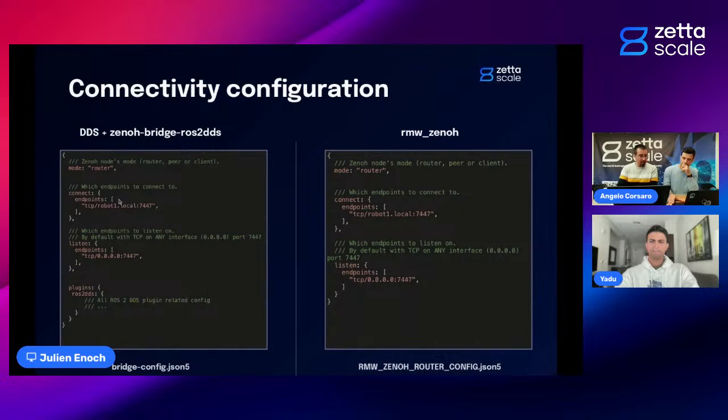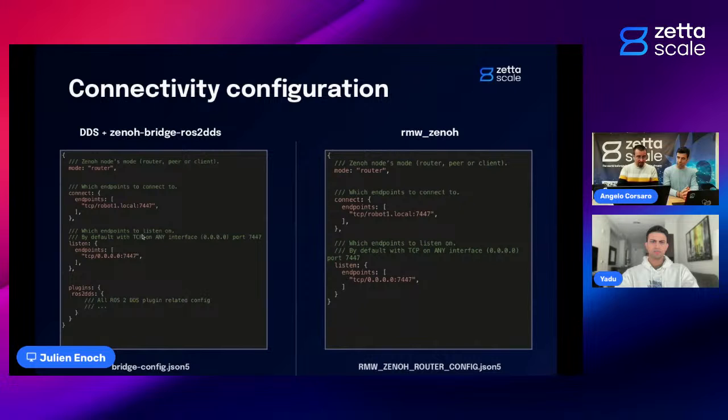You have the connect part, which is where your bridge or your Zenoh router shall establish a connection to. And you have the listen part, which is the transports on which the Zenoh bridge or the Zenoh router are listening for peers.